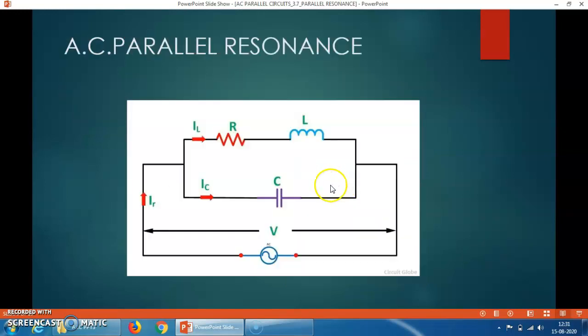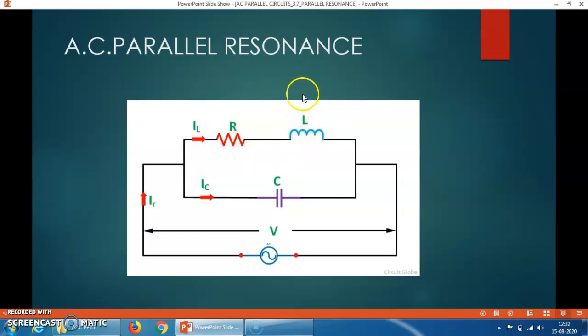So what is IL? IL is the current flowing through the inductive branch, that is through R and L, or the coil. Since an inductor is present, it forms an RL series circuit.